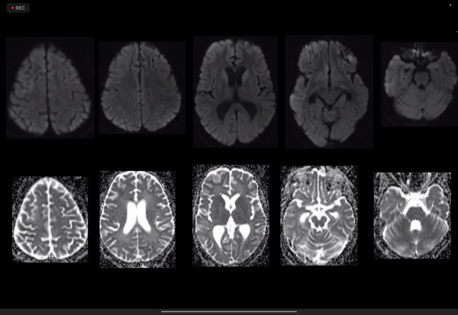But the corresponding ADCs do not fully restrict or show low signal changes. Possibly some degree of T2 shading out here. In the frontal regions, see the cortex is slightly low in signal. So some degree of frontal abnormalities out here, the cortex is slightly hypointense.